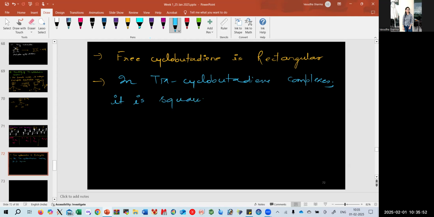Planarity comes and it becomes a square. So the angles are 90 degrees and the distances are equal.